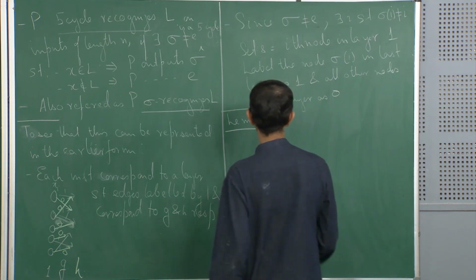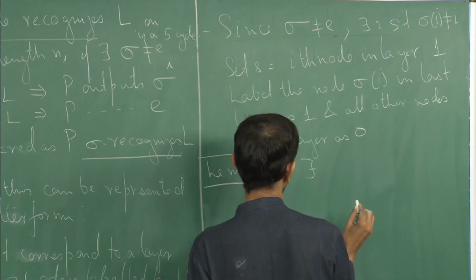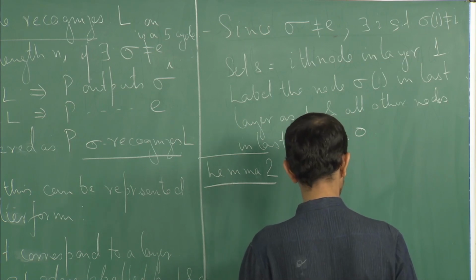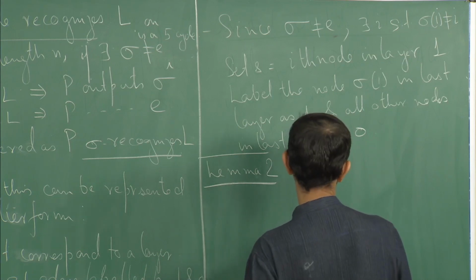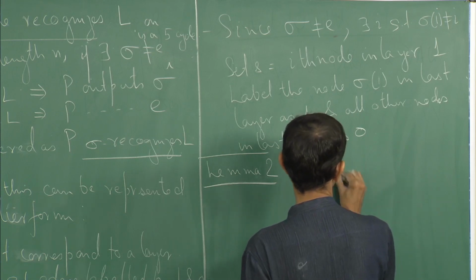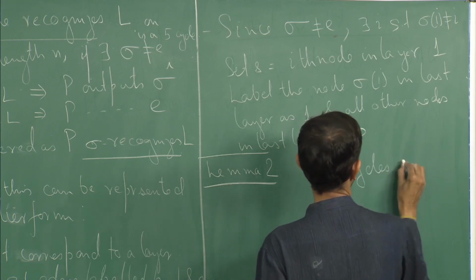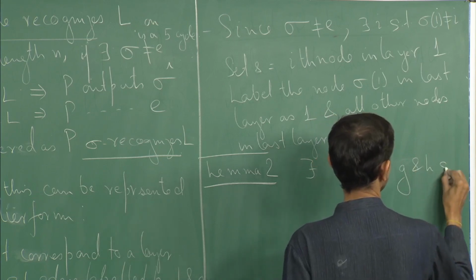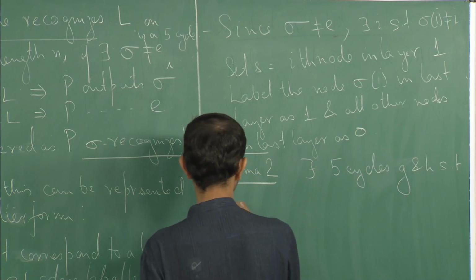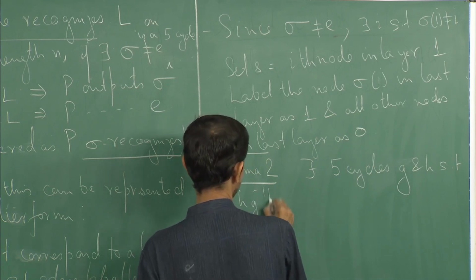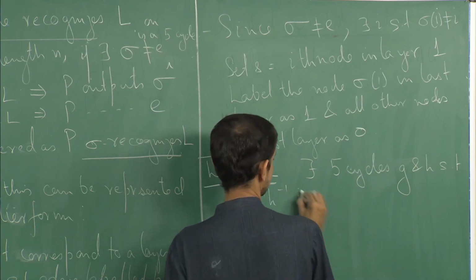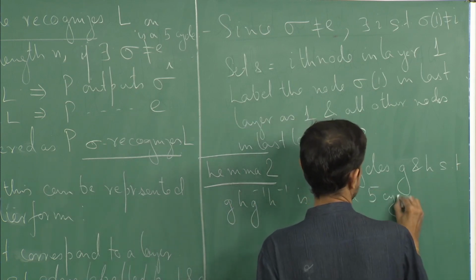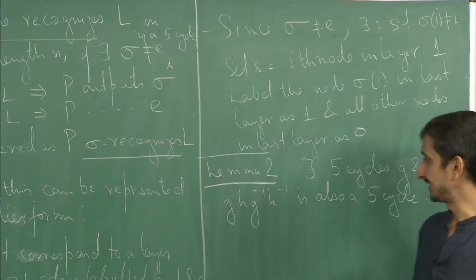Okay. So, there exist two 5 cycles G and H such that G H G inverse H inverse is also a 5 cycle.